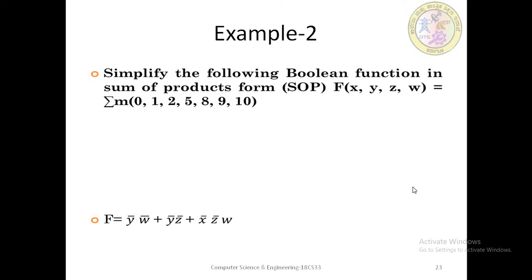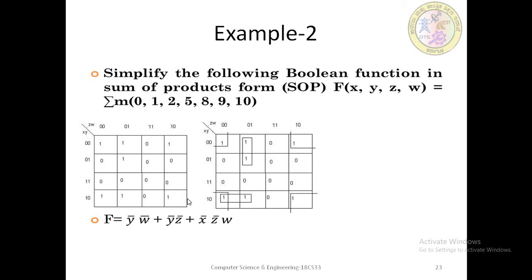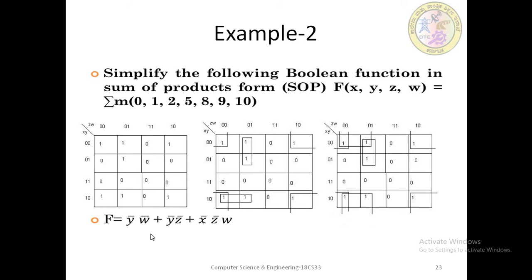So it is valid. We will try to simplify these results. Suppose we put these results into the K-map and group it in K-map, it will be displayed like this, and if we group all together, we will get these results.